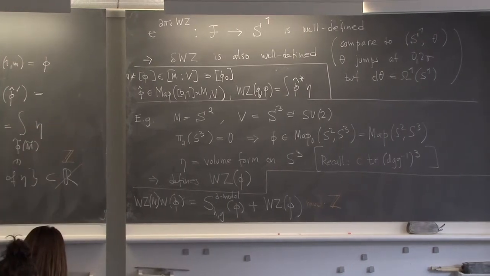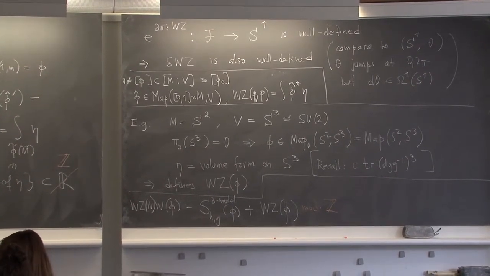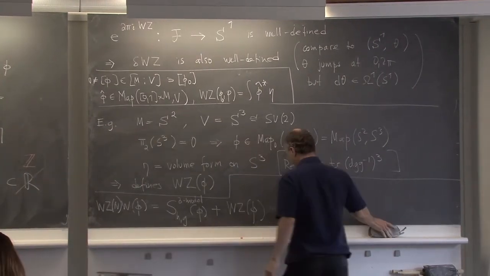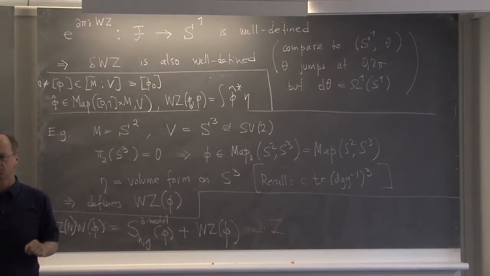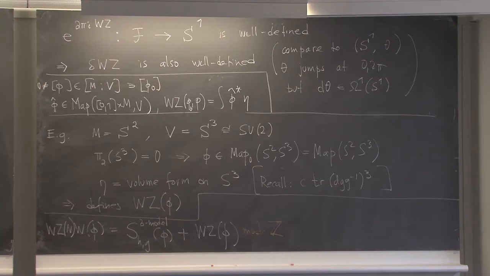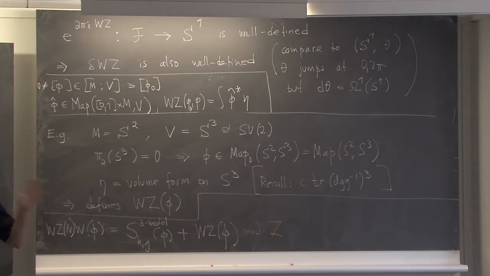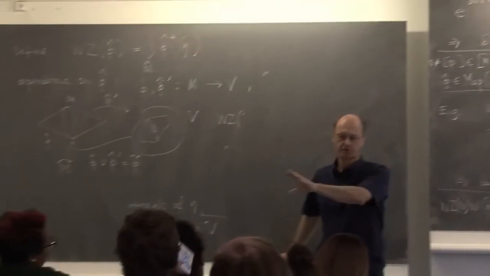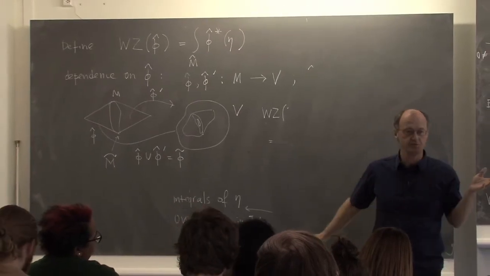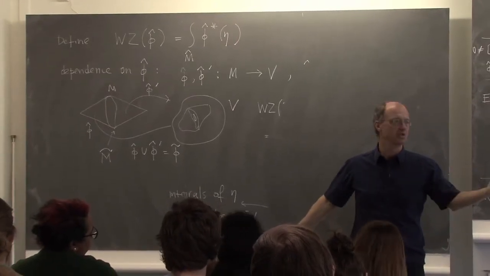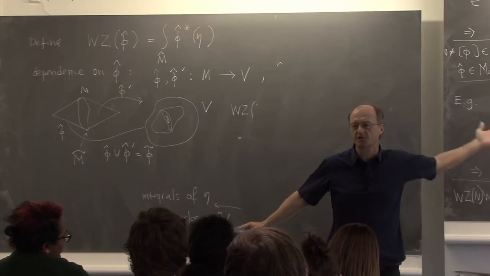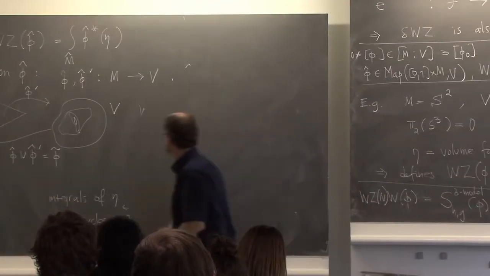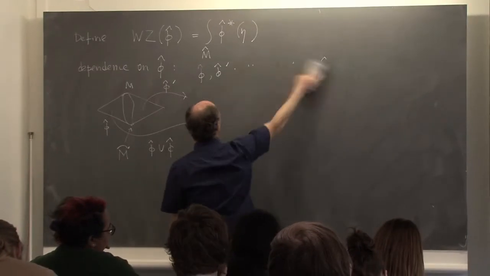So I would like to spend the last 20-25 minutes talking to you about another manifestation of topology in field theory. So now this was interesting, but somewhat simple-minded, what we were doing. We had the space-time which was mapped to the target space, and we simply said there might be some topology of the space of maps, there might be homotopy classes of maps, and then it would certainly influence the solutions of the Euler-Lagrange equations.